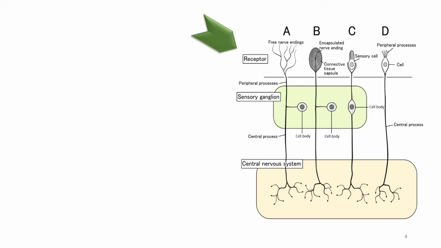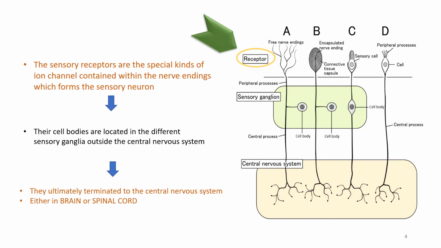This is a receptor, and the sensory receptors are special kinds of ion channels contained within the nerve endings which form the sensory neuron. Their cell bodies are located in different sensory ganglia outside the central nervous system. They ultimately terminate in the central nervous system, either in the brain or spinal cord.